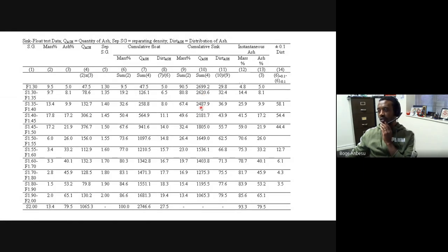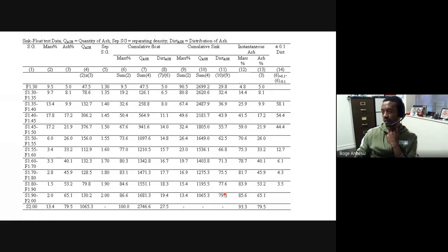For the next one, 2746 is the total minus 258, I should get that one there. Okay, then I continue to complete this table. And again, have a quick look, maybe try a couple of them and see if they make sense. And then for the distribution of ash, I just divide column 10 by 9, and I get this one here. Okay.